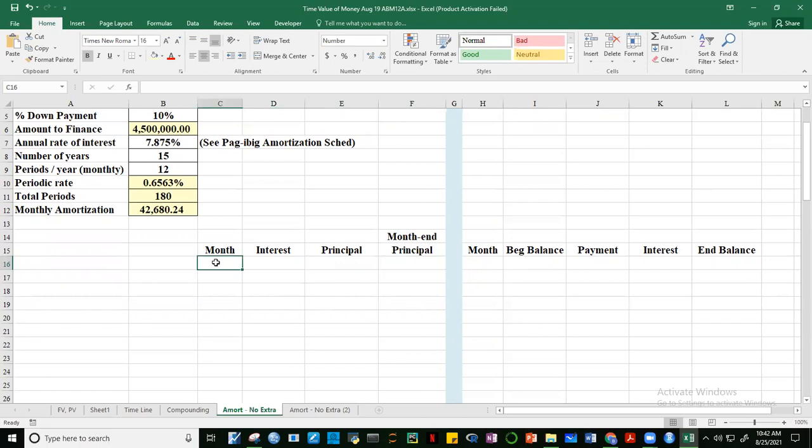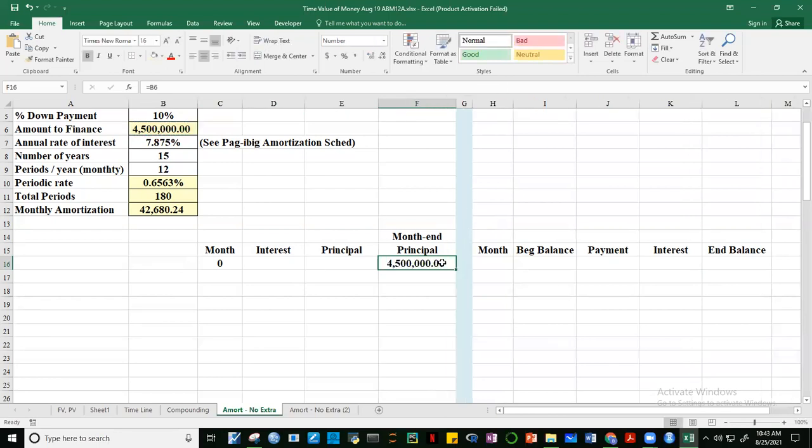We're going to start here with month 0. Syempre sa month 0, makukuha pa lang natin yung pera natin. Wala pa tayong payment, wala pa tayong interest payment, wala pa tayong principal payment. Therefore, ang month end natin will be 4.5 million. At the end of month 0, ito yung utang natin.